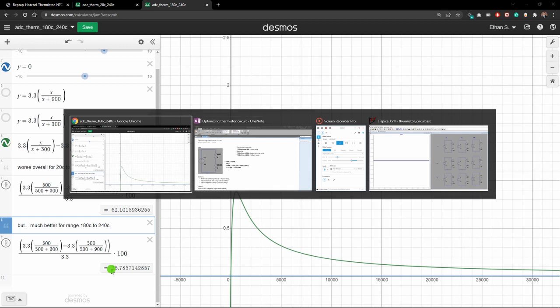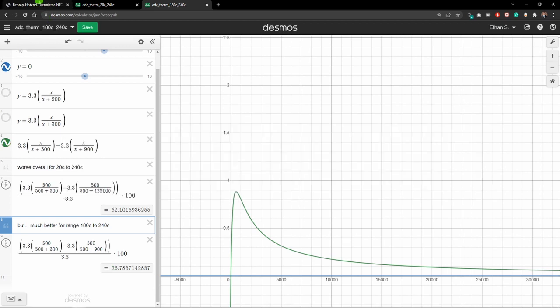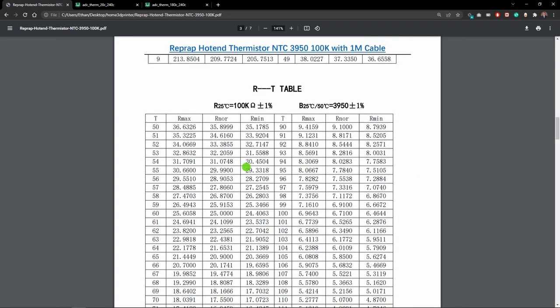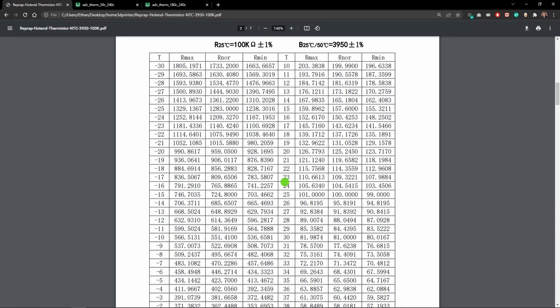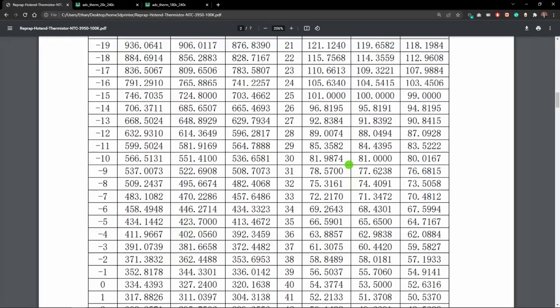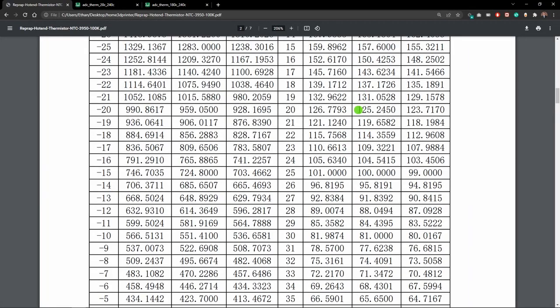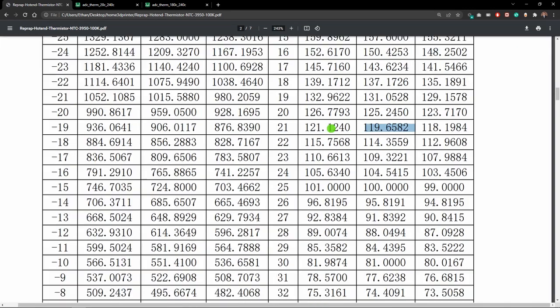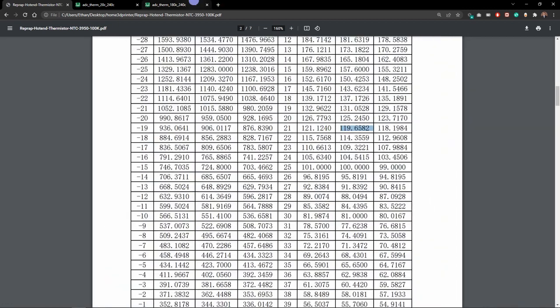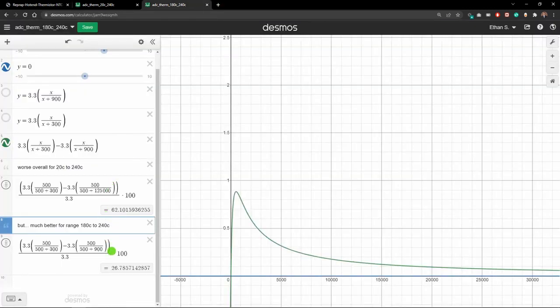So this is not great when you're looking at smaller temperatures, because if you choose a really low resistor like 500 and then you have, let's say, 125K, when it jumps from here, that's a 6K difference. So the voltage is going to change quite a bit when you look at the ADC value, so your temperature isn't going to be very precise.